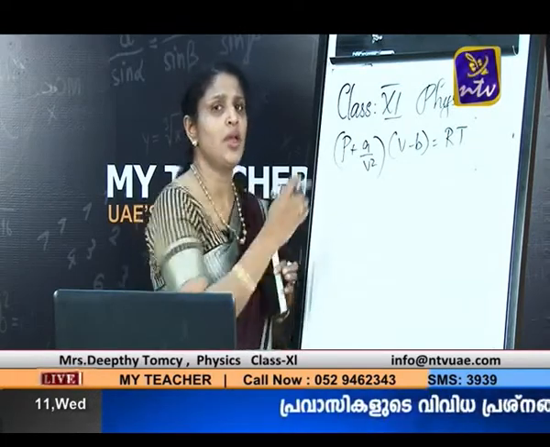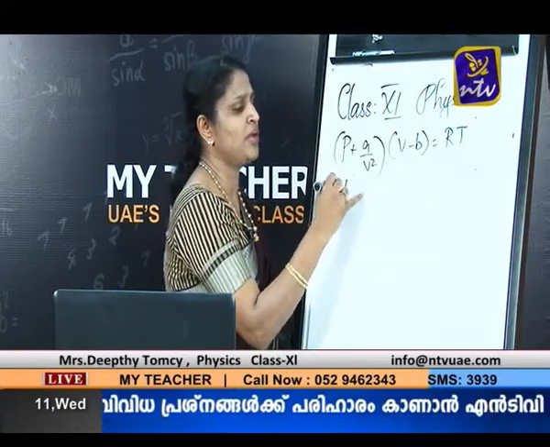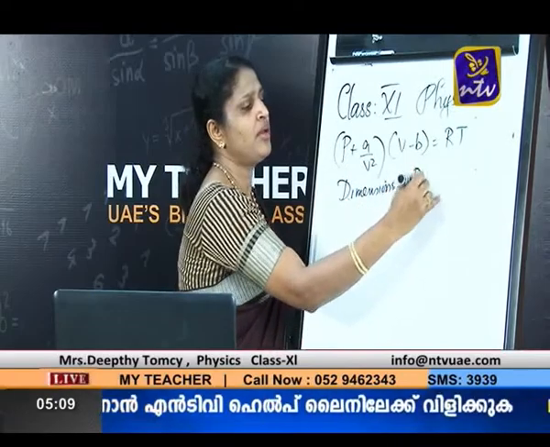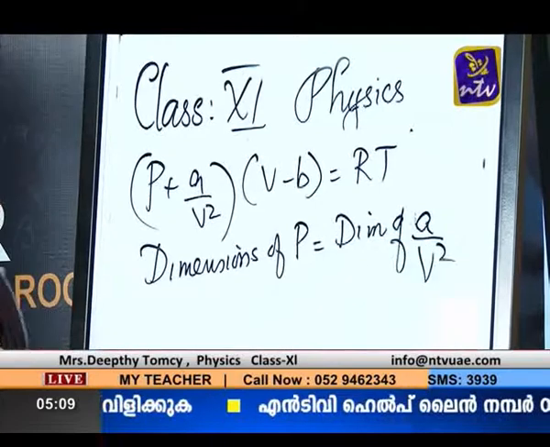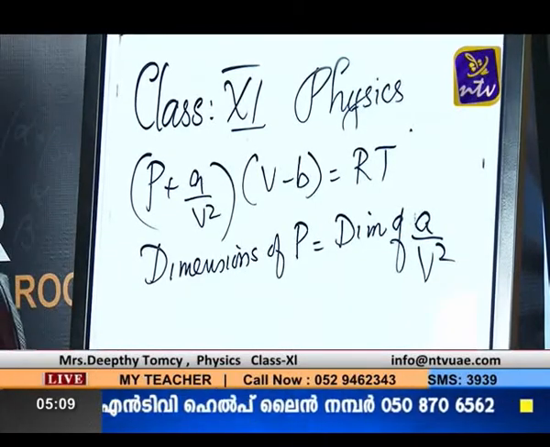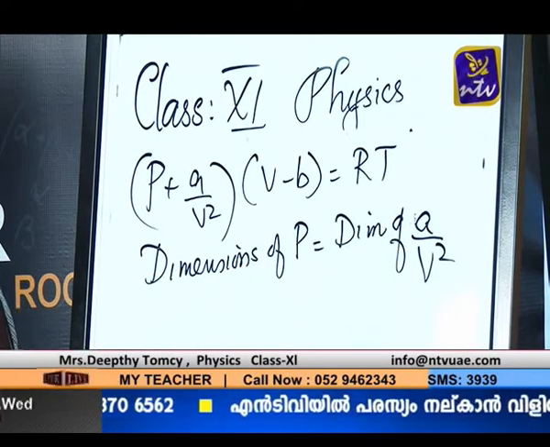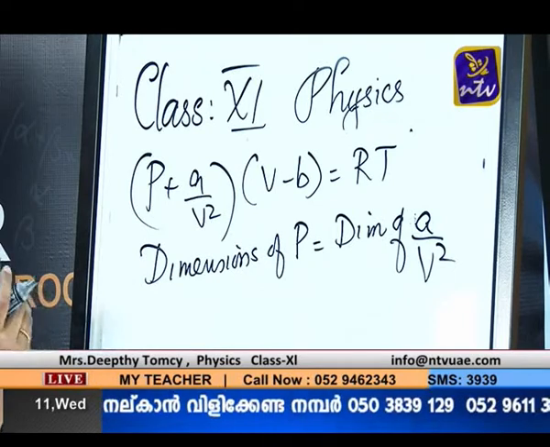So P + a/V² clearly tells you that the dimensions of P and the dimensions of a/V² should be exactly the same. Dimensions of P should be equal to dimensions of a/V². What is this P? It represents pressure.